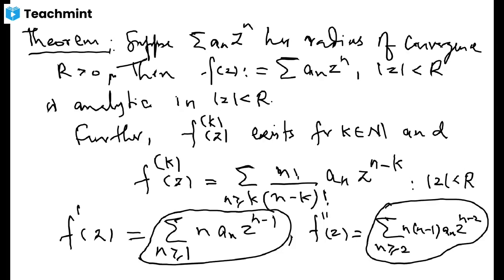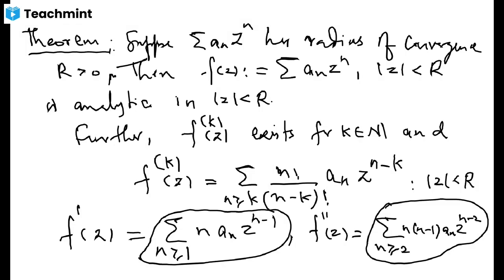But let me complete the statement of this theorem, then we will say more about the positive radius of convergence for these power series. Indeed, we will show that the radius of convergence of this derived power series, the derivative power series, is the same as the radius of convergence of the original power series, which represents the function f z.